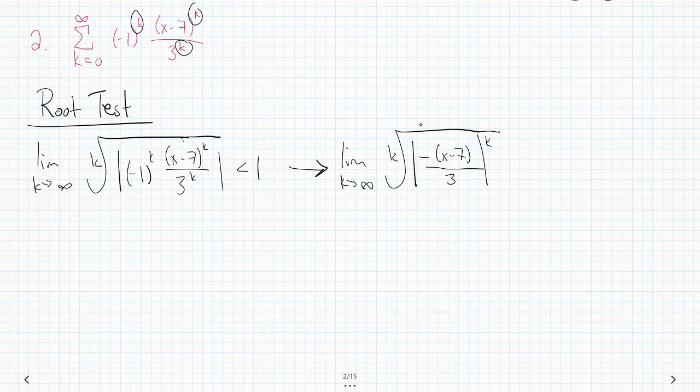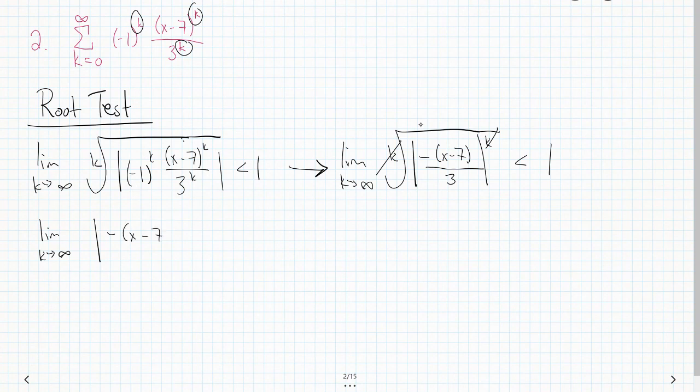So now we can cross off our k's, and all this has to be less than 1. So this becomes the limit as k approaches infinity, and you'll notice the k has disappeared once again. The negative symbol we'll deal with in a second. So we're left with negative absolute value of x minus 7 all over 3, and then that has to be less than 1. But the absolute value will take care of that negative symbol.